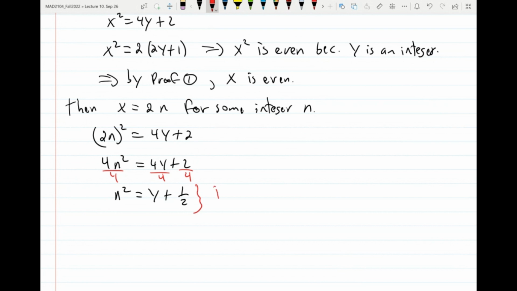So this is impossible since both n squared and y are integers. For example, you could say move the y over here, and then you have a difference of 2 integers equals to a fraction, 1/2. What is that? That doesn't make sense. Okay?